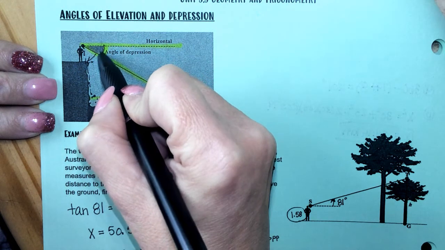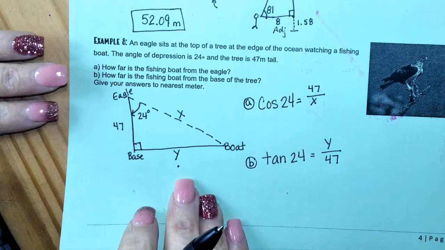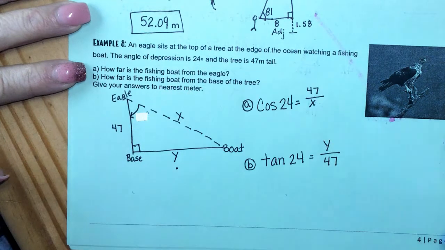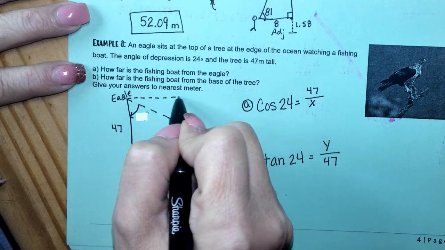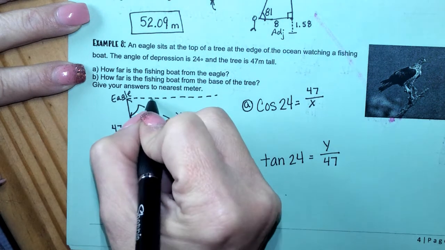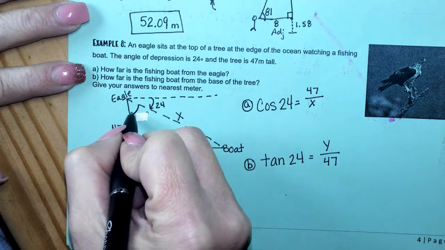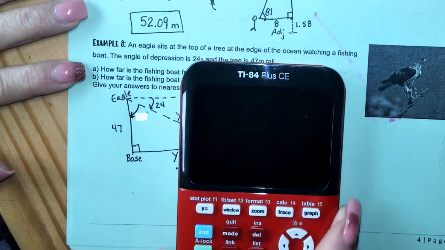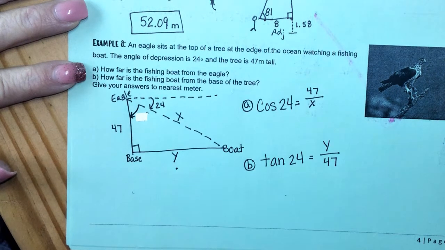I know the angle of depression. That was a really good mistake, Mrs. Dean, because that's something we would all make. I need to go straight across from my eagle, my anchor. This is 24. So what is this angle here? It's 90 minus 24, so 66, but we'll do it here. 90 minus 24 is 66.